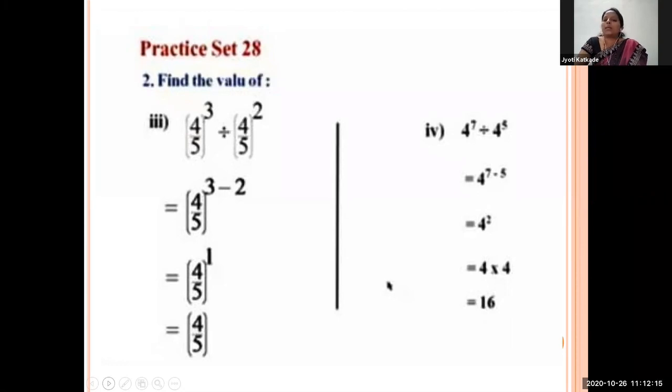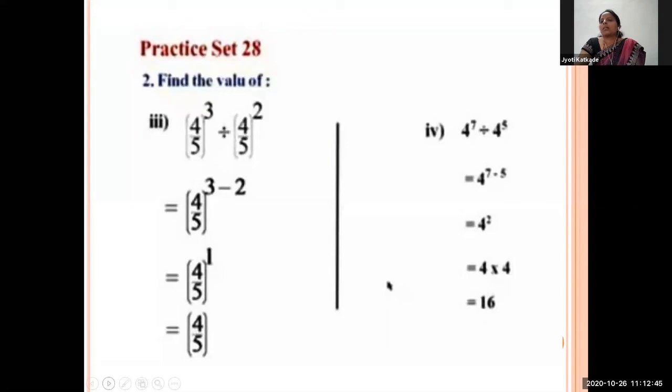When the base is the same, then subtract the power, that is 4 upon 5 bracket raised to 3 minus 2 is equal to 4 upon 5 raised to 1. And when the power of any number is 1, then the answer is that number, that is 4 upon 5.